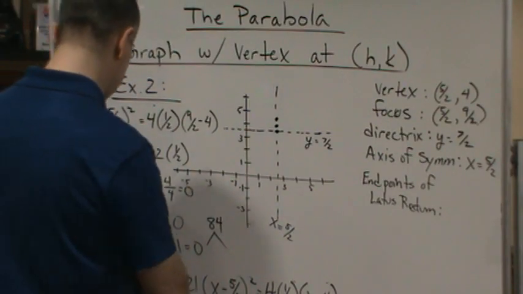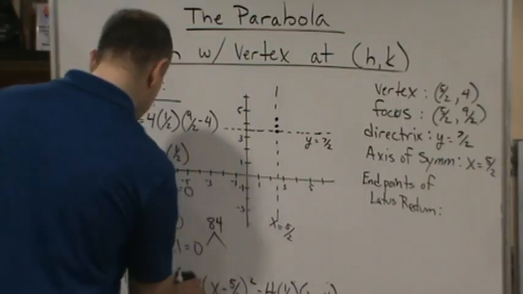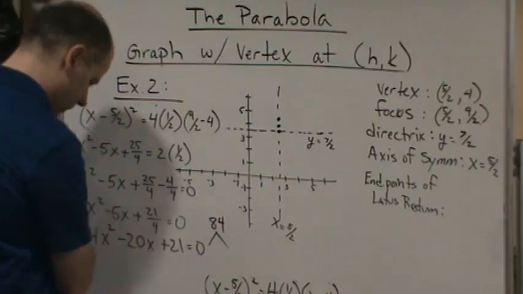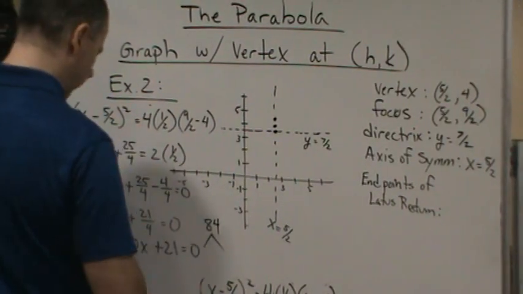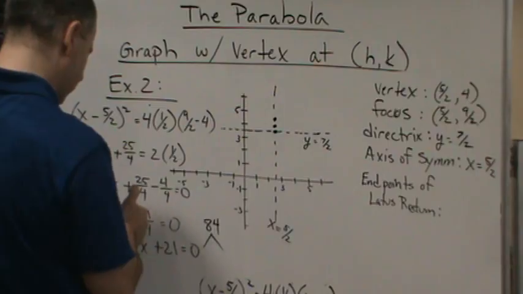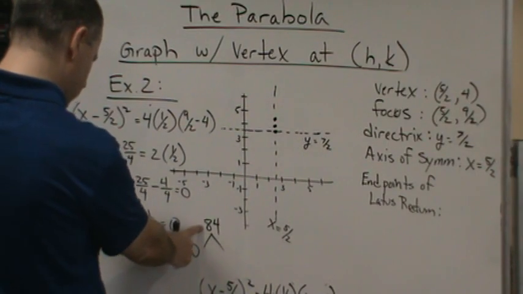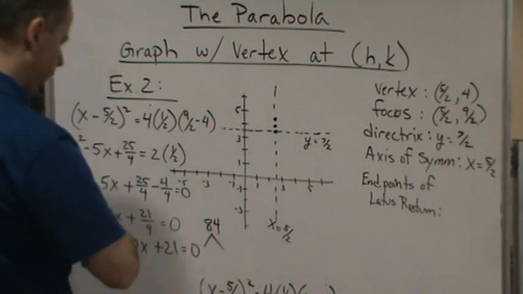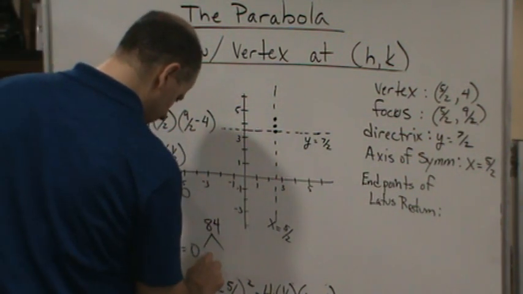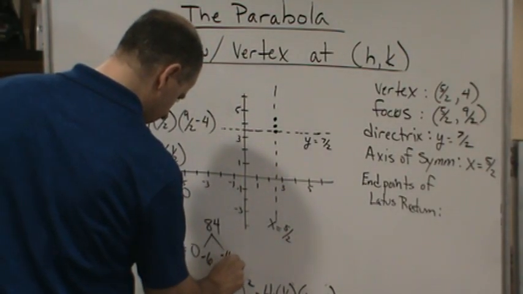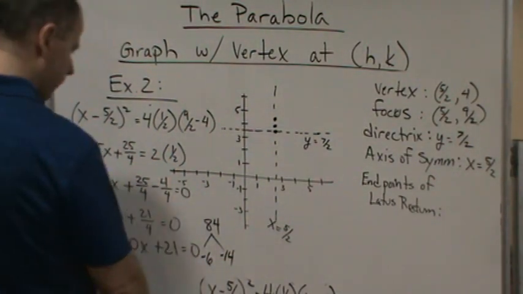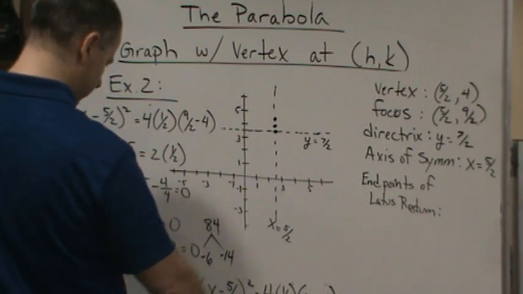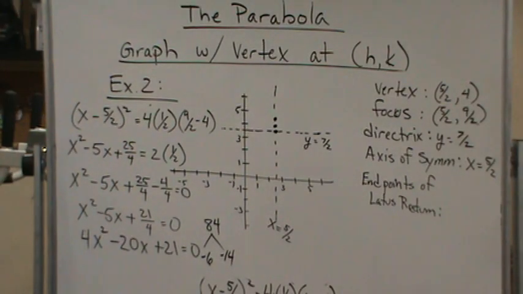Okay, it's right there staring me in the face. Oh, 6 and 14. Sorry, it's 6 and 14. Negative 6 and negative 14. So 6 times 10 is 60, 6 times 4 is 24, that gives me the 84. All right, cool.